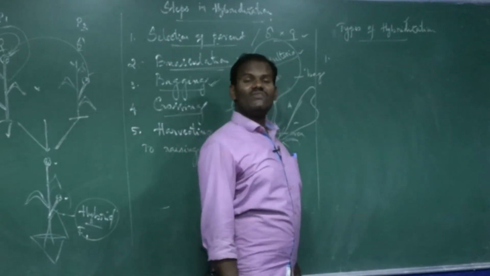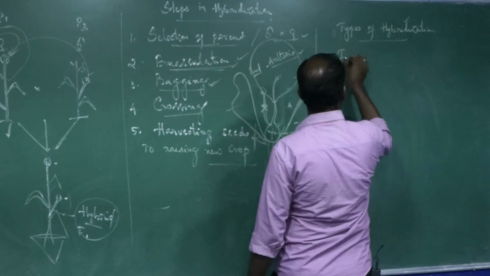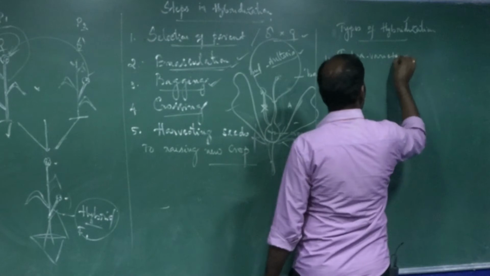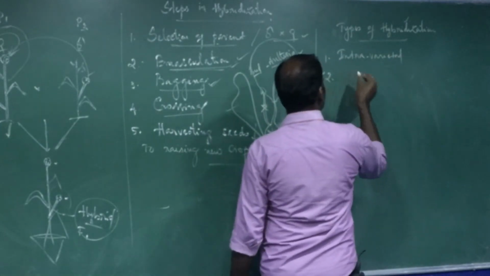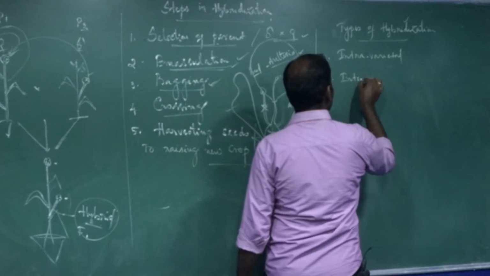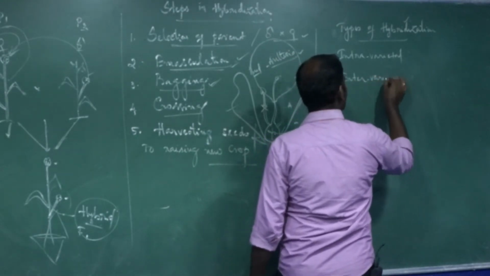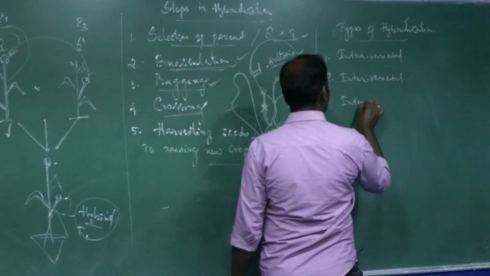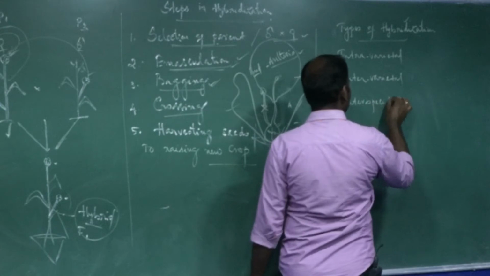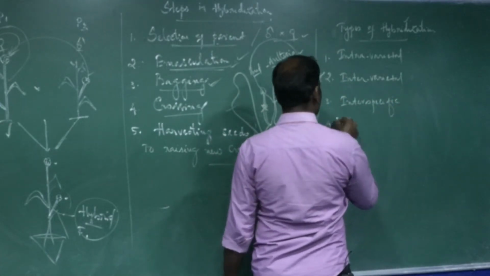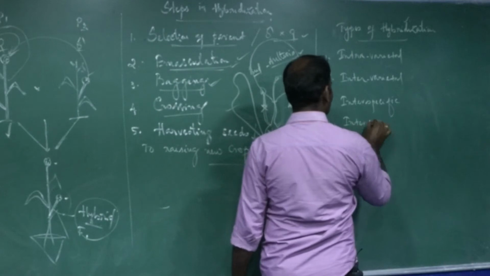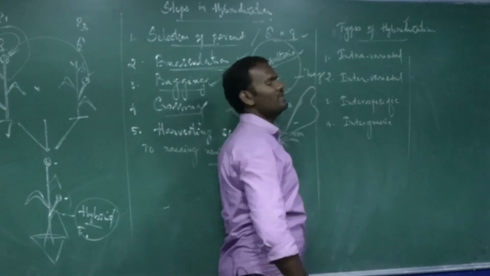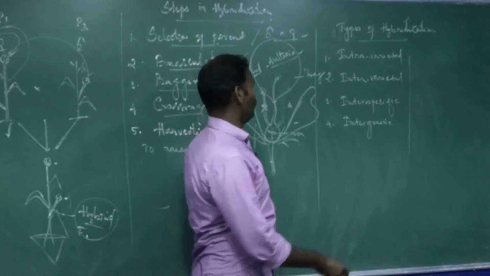One is intra-varietal hybridization. Second, inter-varietal hybridization. Third, interspecific hybridization. Then the fourth one is intergeneric hybridization. These are the 4 types of hybridization. I will explain one by one.